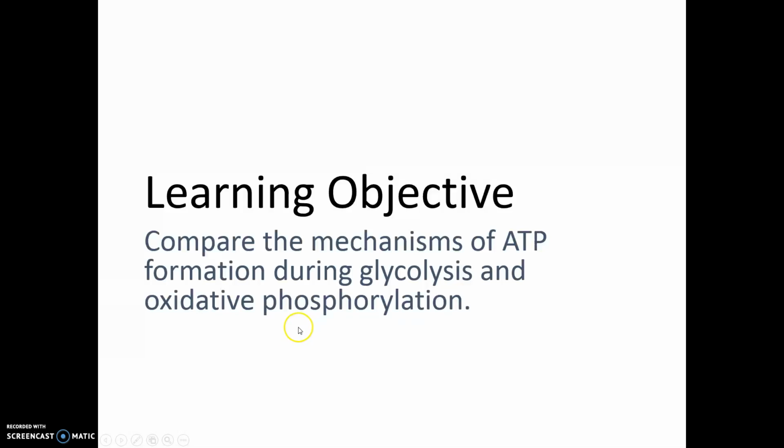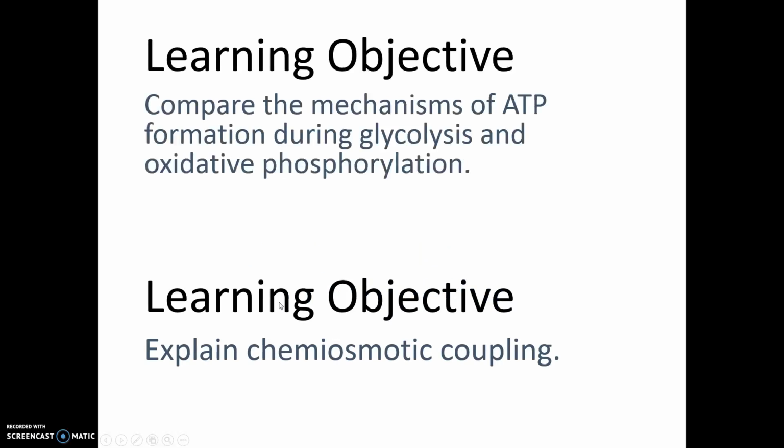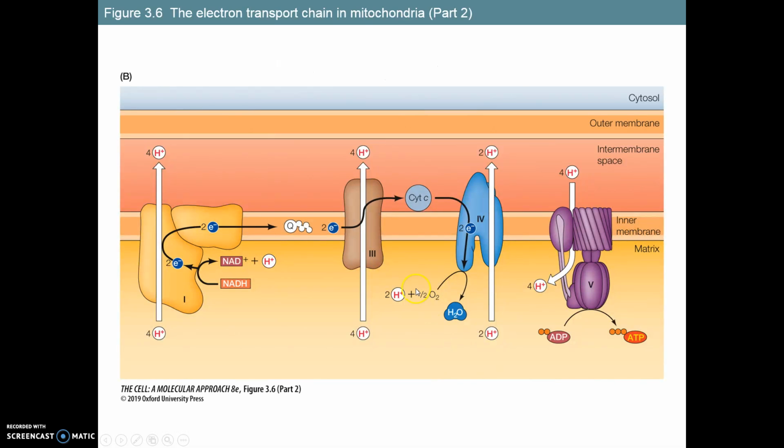And what we've shown you here is kind of how oxidative phosphorylation works, but there's an added component. That added component is understanding chemiosmotic coupling. Okay, so there's kind of a paired learning objective that works with this.